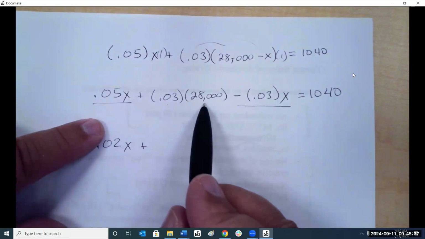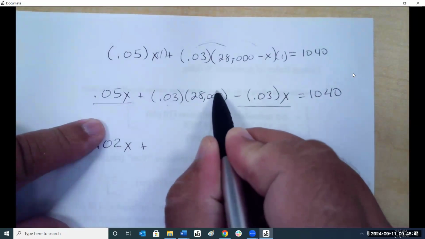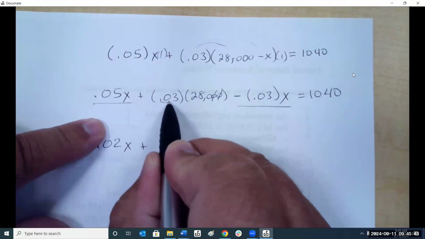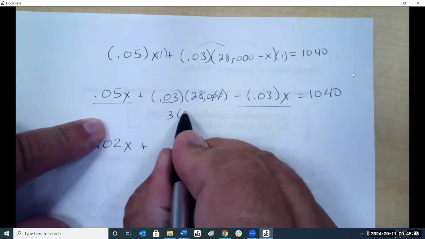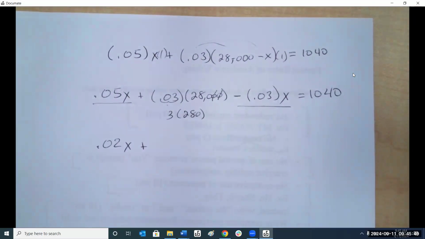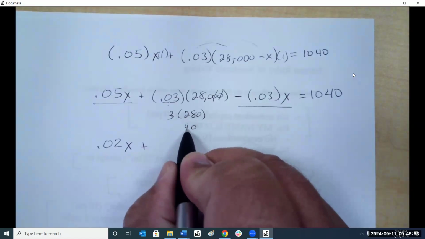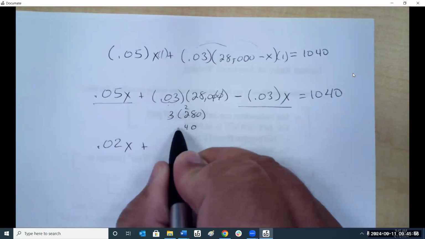Now, 0.03 times 28,000. I have two zeros here that can move the decimal back over here. So we have 3 times 280. 3 times 0 is 0. 3 times 8 is 24. 3 times 2 is 6.